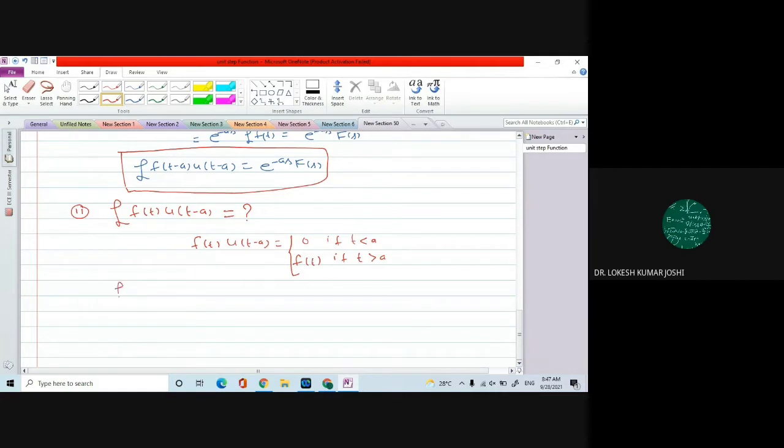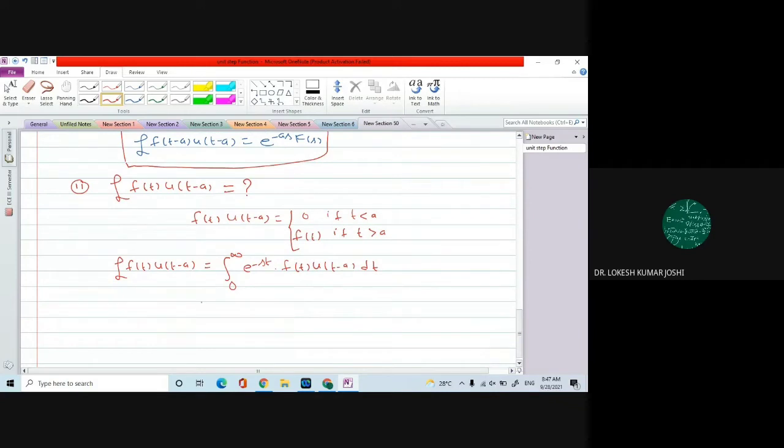Now, the Laplace of f(t) u(t minus a) will become the integral from 0 to infinity of e to the power minus st f(t) u(t minus a) dt. Once again, we apply the property of the unit step function. Therefore, the limit will break into the integral from 0 to a of e to the power minus st into 0 dt, plus the integral from a to infinity of e to the power minus st into f(t) dt.